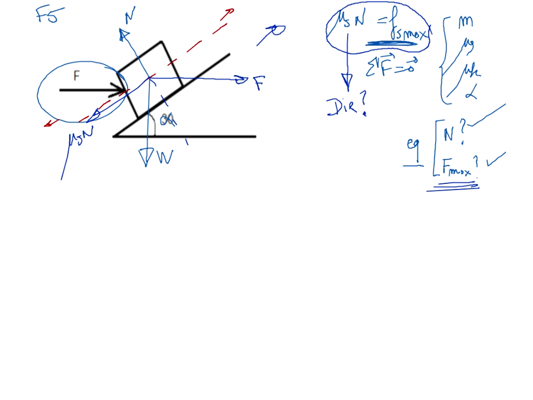Similarly, if the question was asking, what is the minimum force F that I can apply for the system to remain in equilibrium? Then obviously, the tendency of the object is to go down. So whenever you see the keyword min, to figure out the direction, imagine it's not there, and look at the tendency of motion.